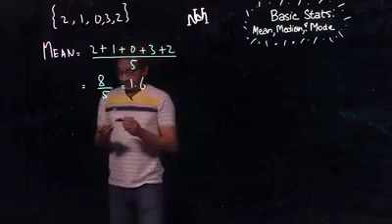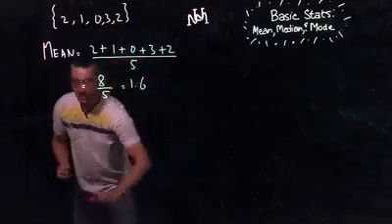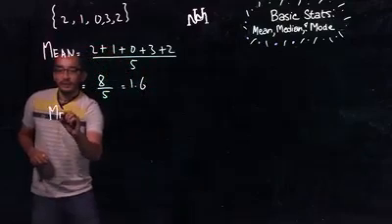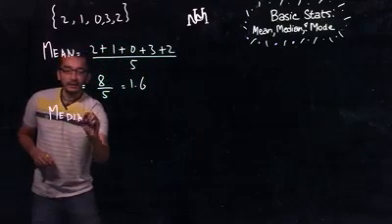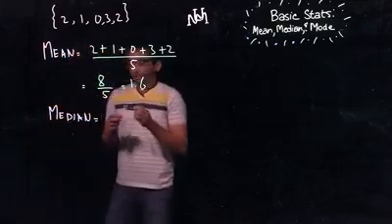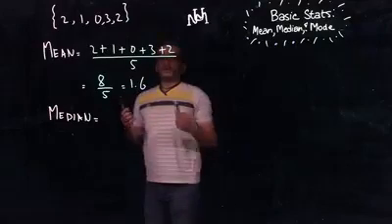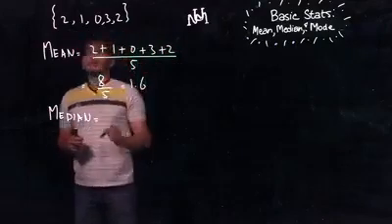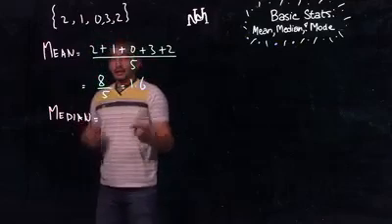When we come to the median of the sample, the median is simply the center number of a given sample. In order to find the center number, we first need to organize all of these observations in the sample in ascending order.